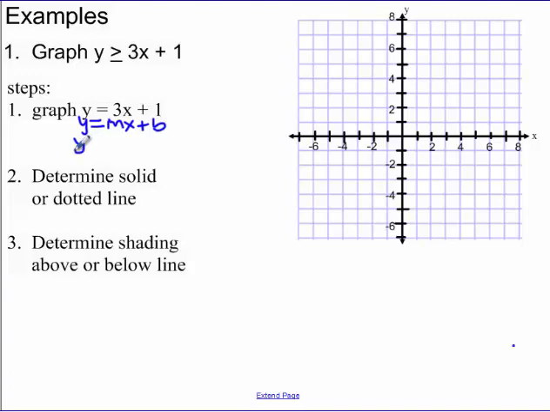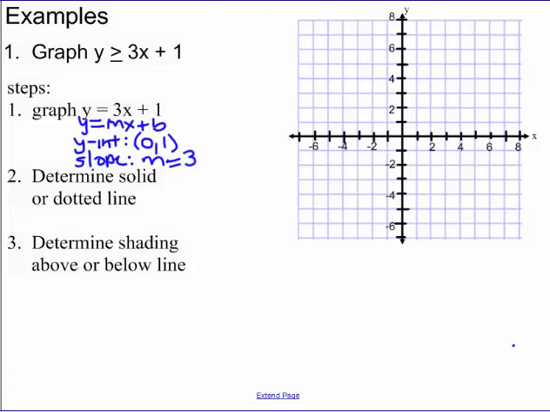The y-intercept is the point (0, 1). Remember, if you're identifying a y-intercept, you're always going to write an ordered pair. And our slope is the value for m, which in this case is 3.